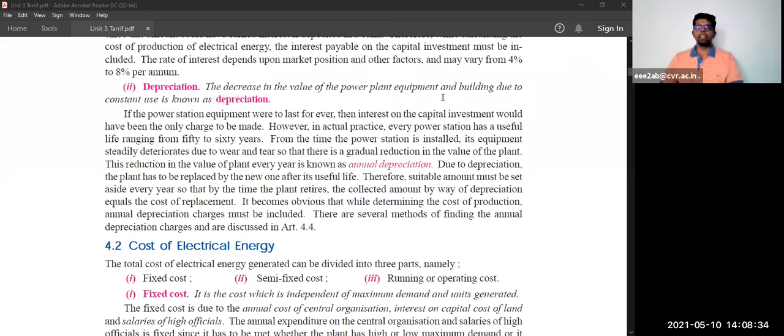Due to depreciation, the plant has to be replaced by a new one after its useful life. Therefore, a suitable amount should be set aside every year, so that by the time the plant retires, the collected amount by way of depreciation can be the replacement cost. So yearly they may save some amount for depreciation.